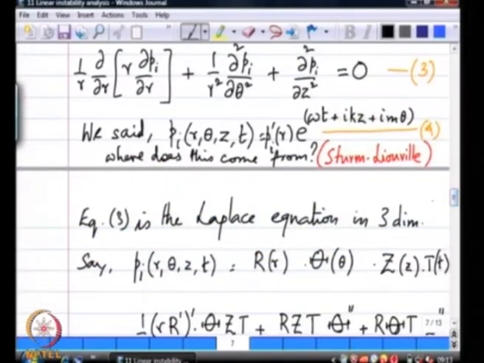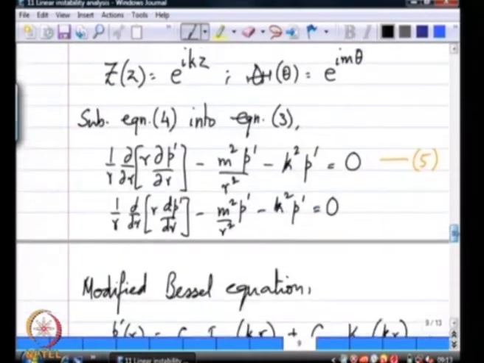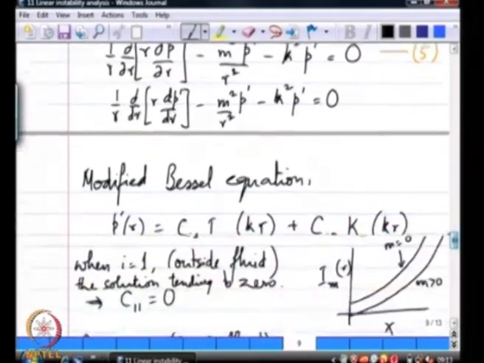The pressure field in each phase is governed by a Sturm-Liouville problem, and because of that we went through this process and showed that the modes have to be of the form e power i m theta and e power i k z, which automatically means that they are going to be orthogonal with respect to the weighting function that comes from the Sturm-Liouville problem, which in this case is I think 1.